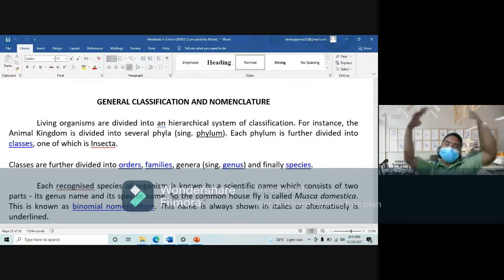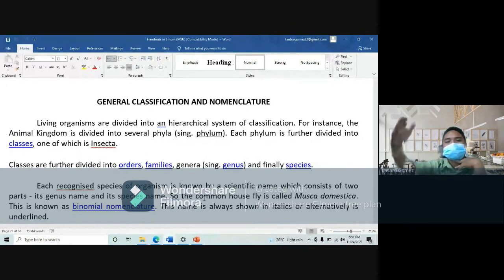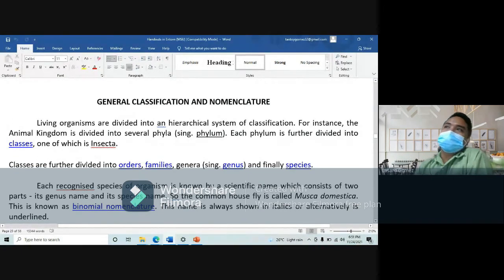So, ang pinaka-head nila tanan, pinaka-ibabaw nila is the kingdom. Kingdom, and then the phylum, and then the class, subclass, the orders, family, the genus or the genera, and its species. So that is how we're going to give the names of an insect.